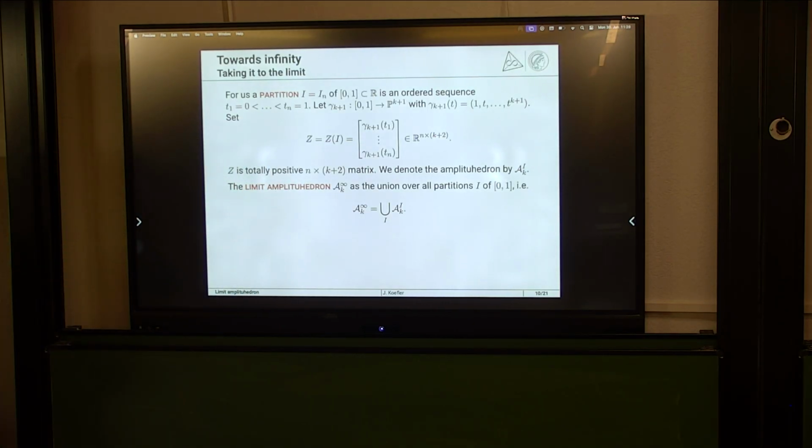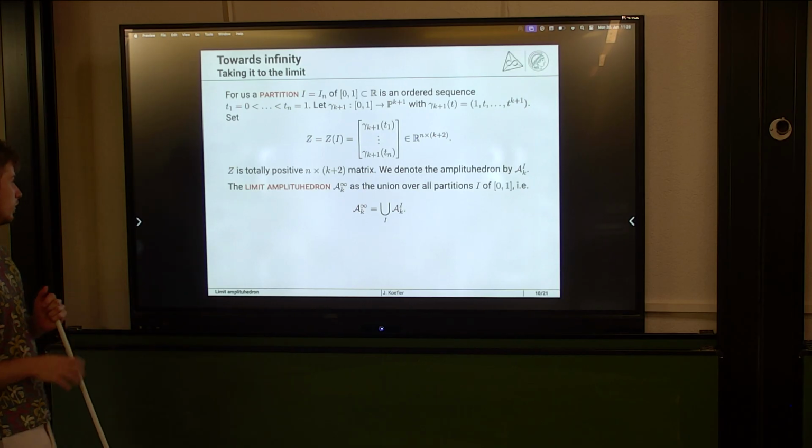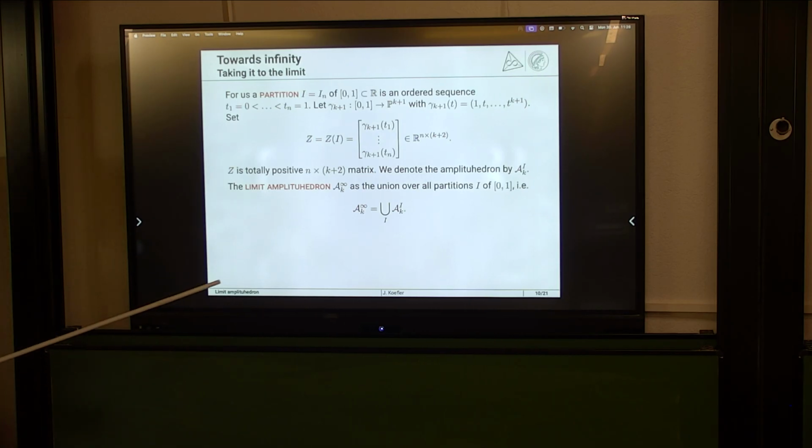Does this end up being smaller than if you took a union over all possible Z matrices, or does it somehow match that result? I don't know for sure, but I would imagine it to be smaller, since it's much more constrained. Yeah, that is certainly true.